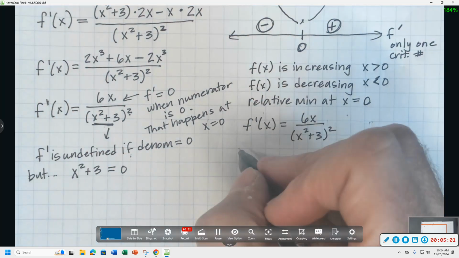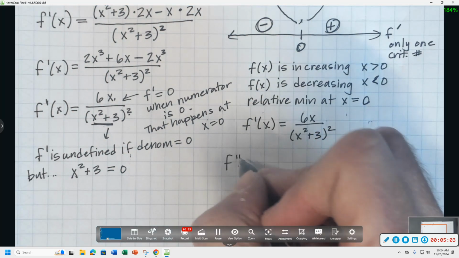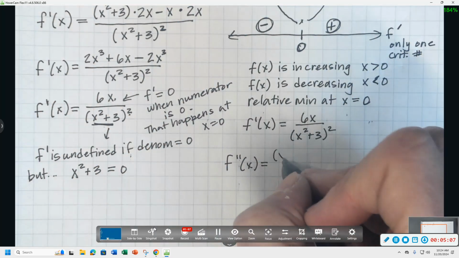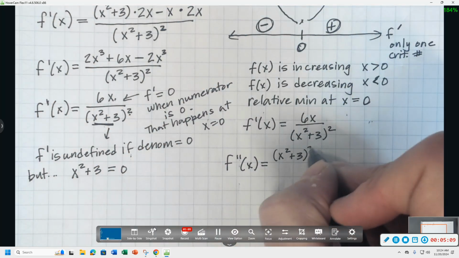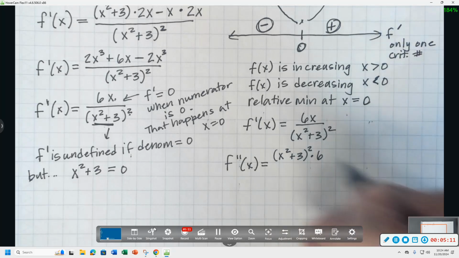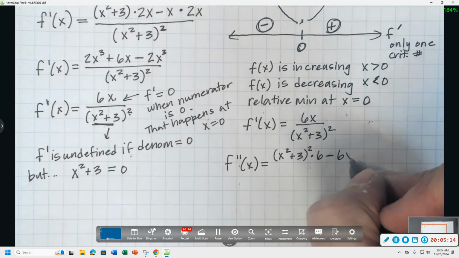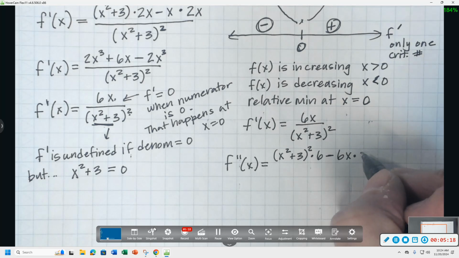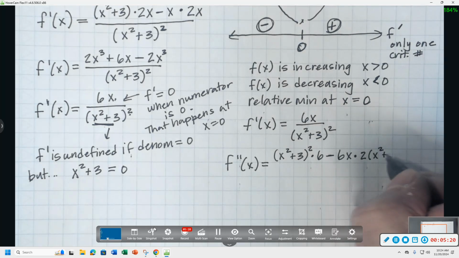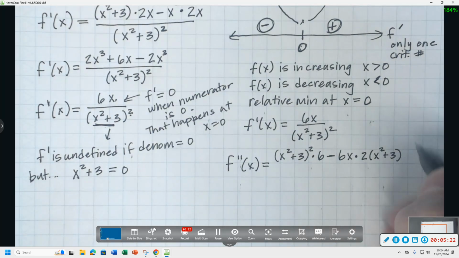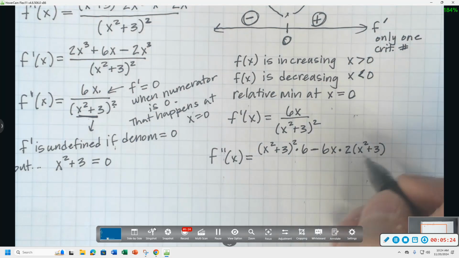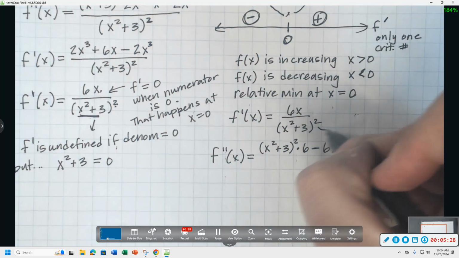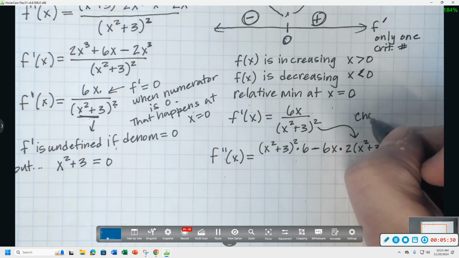So my second derivative, I'm going to take my denominator times the derivative of the numerator, minus the numerator times the derivative of the denominator, 2 times x squared plus 3 to the first times 2x, because I've got to do chain rule.